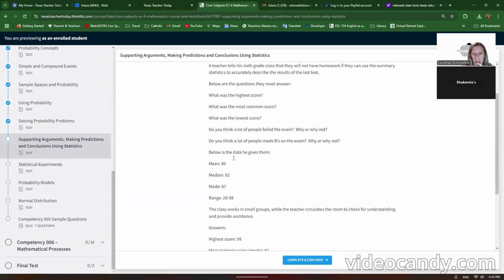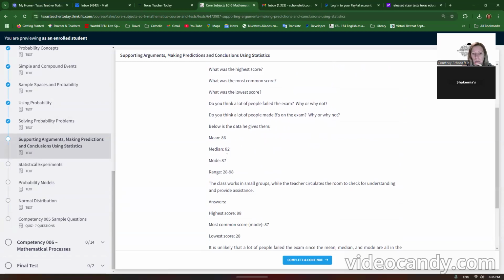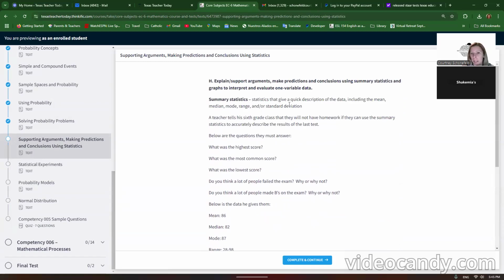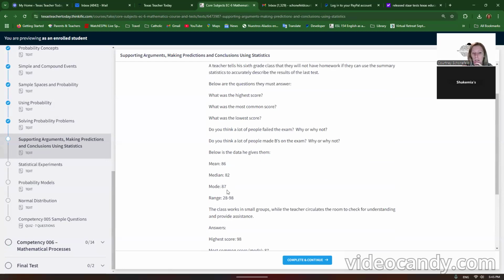Summary statistics, right? Summary statistics give a quick description of the data, like the mean, median, mode, range, and standard deviation. Luckily, you don't have to know much about standard deviation. But by quickly seeing the mean, median, mode, and the range, we can see that the lowest grade was a 28. The highest was a 98.